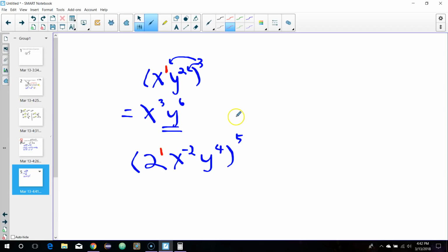Do you have to write this 1 every single time? No. Hopefully you don't have to. So it's 2 to the power of 5. X. So you have to be careful about this multiplication now. Is -2 times 5, -10. Y to the power of, finally, 20.